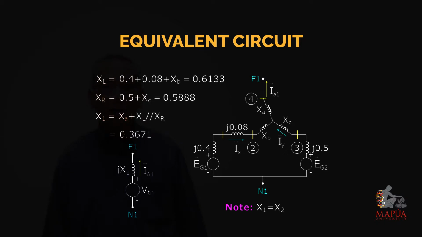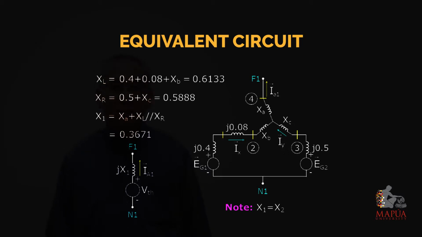Now, solving for X1, the positive sequence reactance measured at the voltage point F1 and the neutral point N1, that is equal to XA plus the parallel combination of the left-hand reactance and the right-hand reactance. That gives us 0.3671. So thus, we now have a Thevenin equivalent network of that given system.